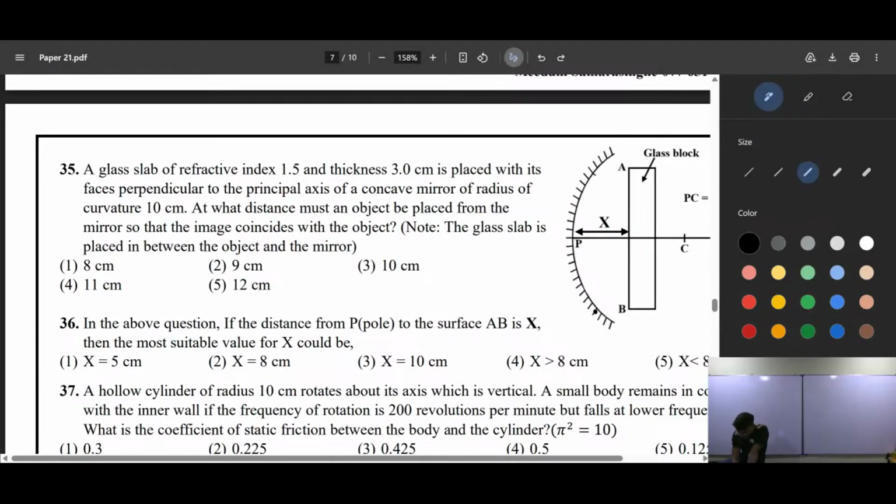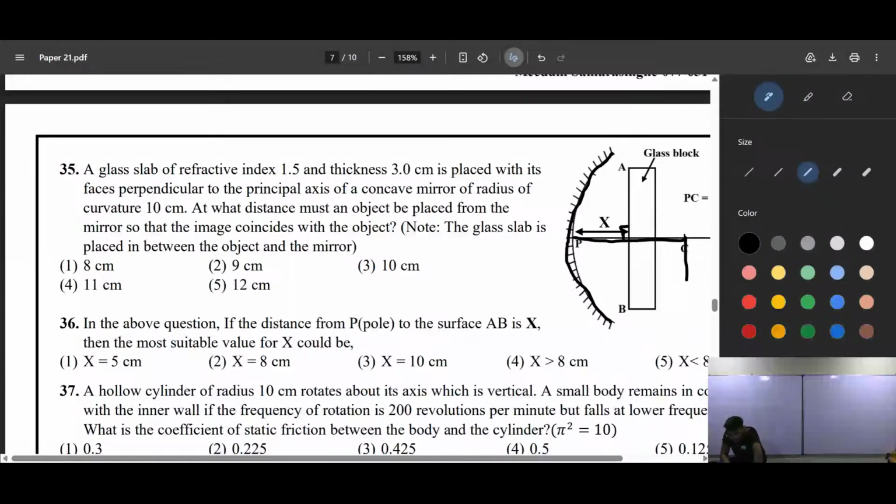There you have a concave mirror. This glass block is perpendicular to the principal axis. The radius of curvature is 10 centimeter. That means this is the concave mirror, right? Radius of curvature means the distance from C to P, pole to this point, which is given as 10 centimeter.